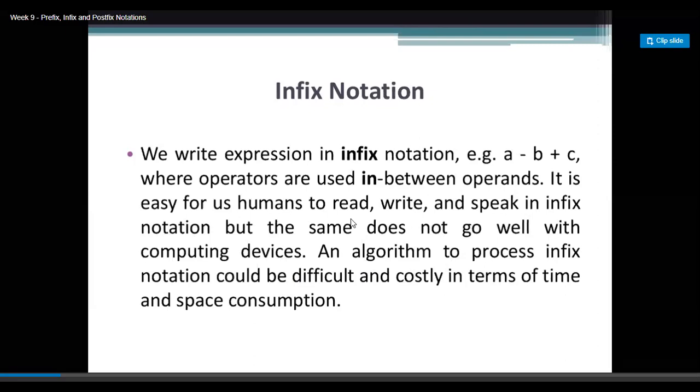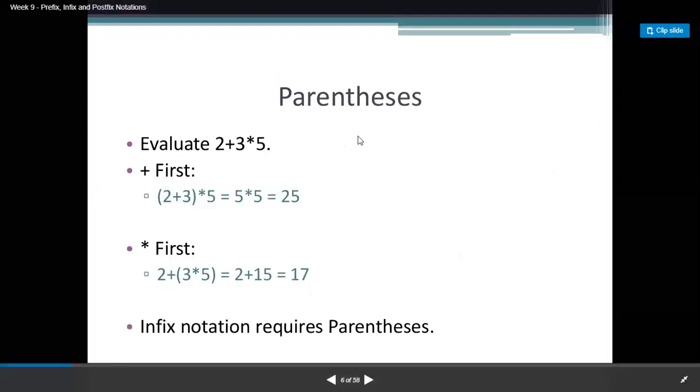Now here's an example of it. You see this is the equation 2 plus 3 into 5. Normally we know there are rules. So what is the general rule? The general rule is that multiplication should go first.